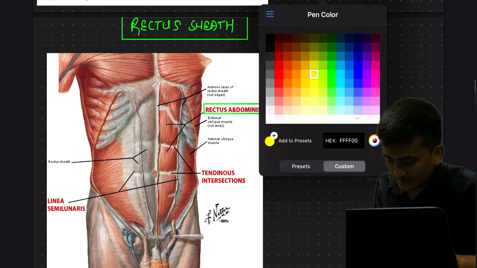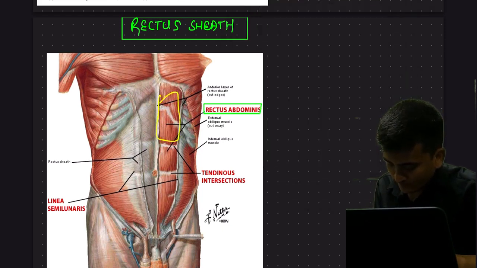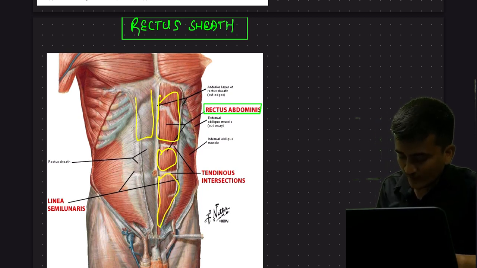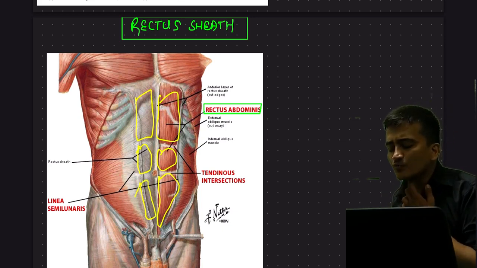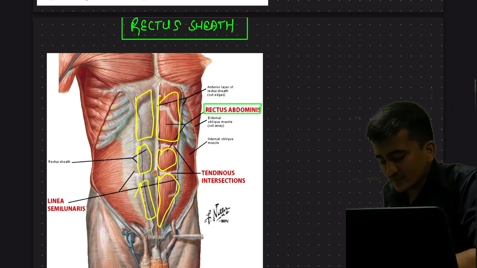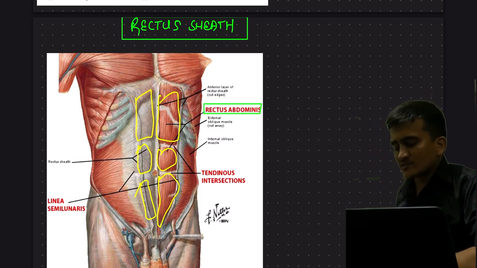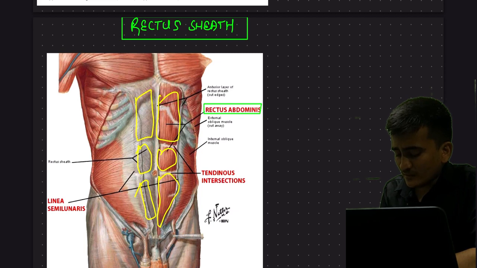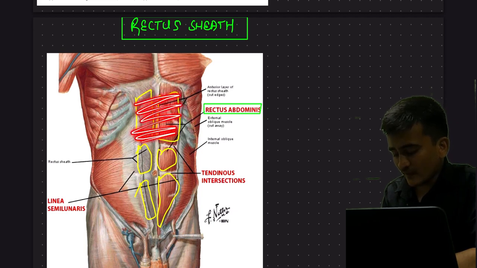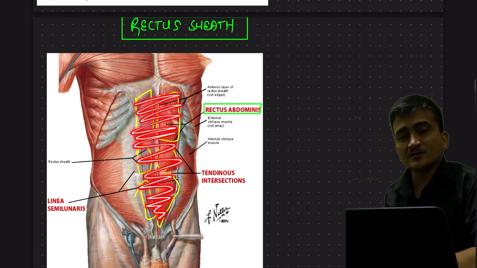Let me show you: 1, 2, 3, and here also we have 1, 2, 3. These are the rectus abdominis muscle. Now what is the rectus sheath? The rectus sheath is simply the covering above these rectus abdominis muscles.